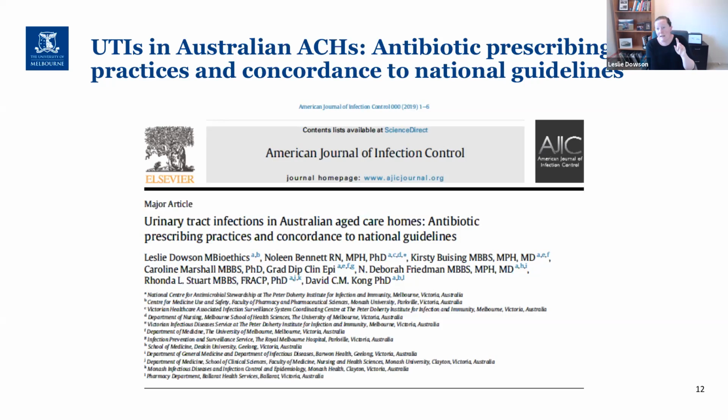Interestingly enough, just as the proof of this paper was being sent back to us, the therapeutic guidelines put out a revised recommendation for cystitis and urinary tract infections in general, and they demoted the use of Keflex. It might be a little while before we see any washout of that, but hopefully it will have some impact.